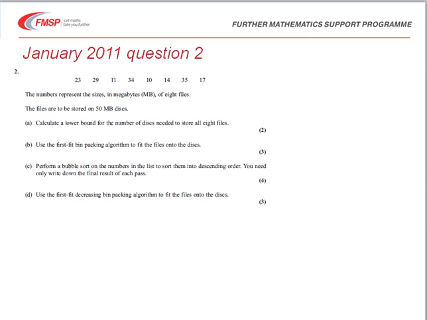So a pretty standard sort of question this, where we first start off with bin packing, first fit, sort them into order either using quick sort as we did in the last question, or in this particular question using bubble sort, and having sorted them, then use a first fit decreasing algorithm.